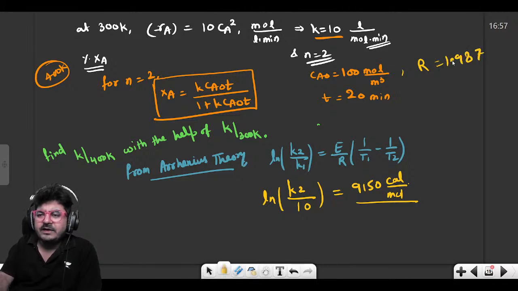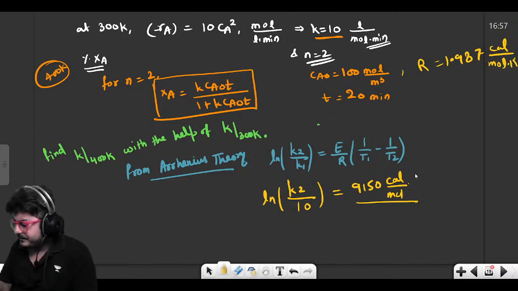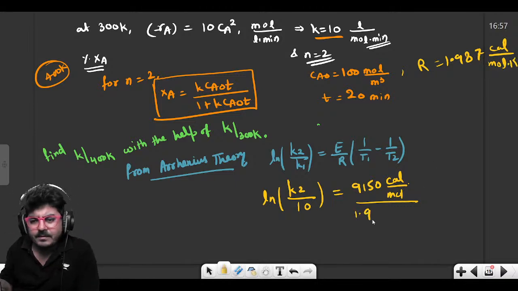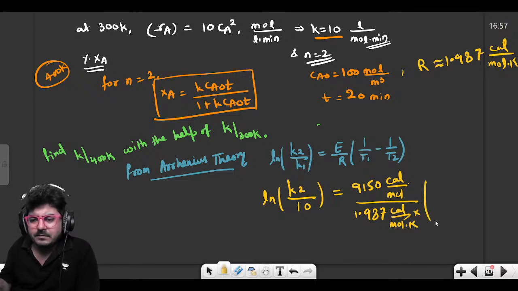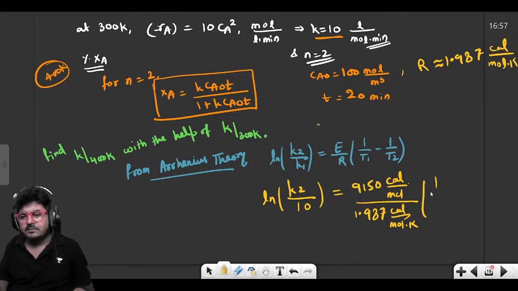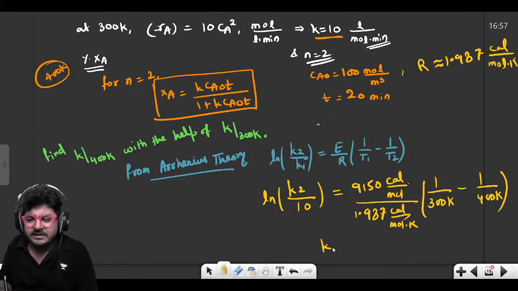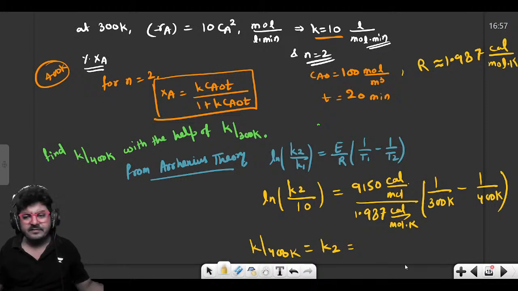It is about 1.987 calorie per mole per Kelvin, approximated. Multiply by 1 upon T1, that is 300 Kelvin, minus 1 upon T2, that is 400 Kelvin. So after solving this, you guys will get K2, which is nothing but K at 400 Kelvin. What will the value be?